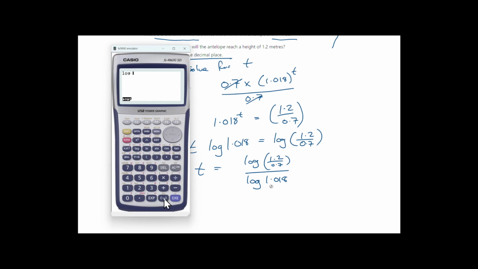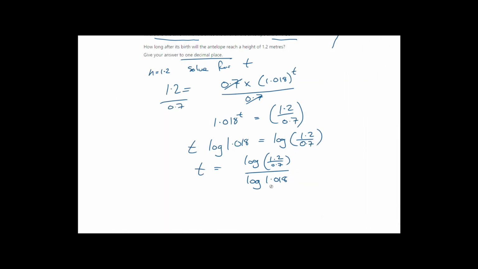So log 1.2 divided by 0.7 is that, and we're going to divide that by log of 1.018. 30.212 months.